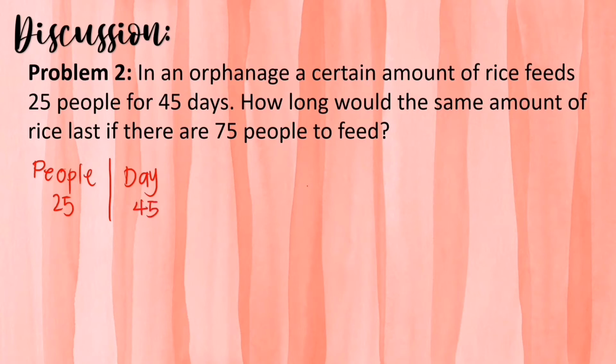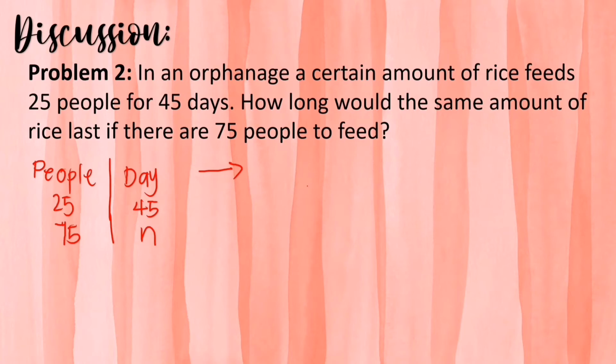It will last for 45 days. How about kapag 75 people, it will last, unknown pa, yun yung aalamin natin, and that is n. So, para isolve yan, susundan lang natin itong table.